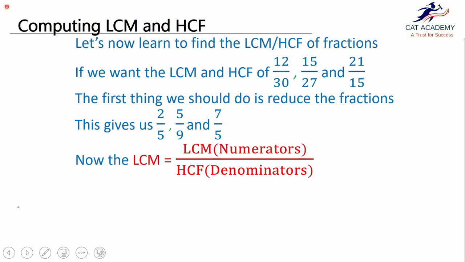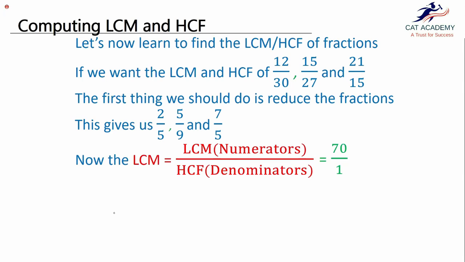And can you tell me what will be the HCF of denominators 5, 9, 5? HCF, not LCM, HCF. That is 1, correct. So my overall LCM over here would be 70 by 1. Understood? So whatever thing I have to calculate should be done with the numerators, and the other thing should be done with the denominators.